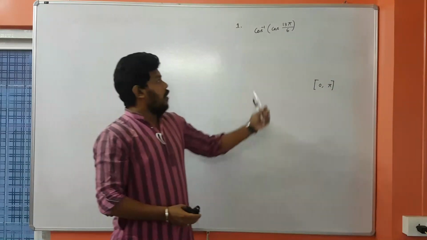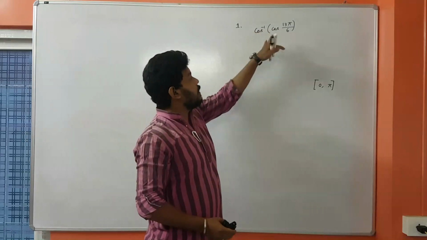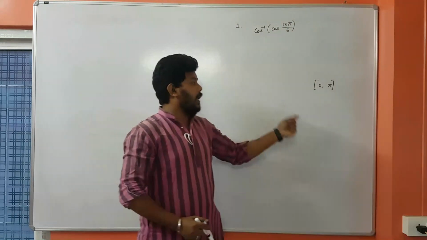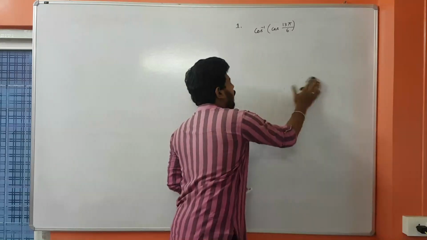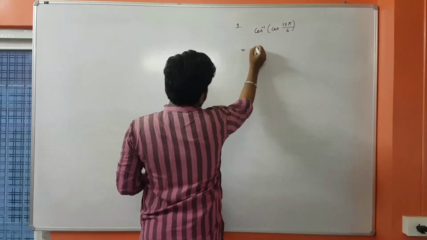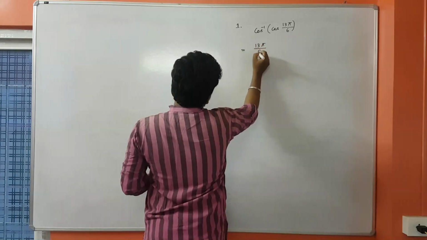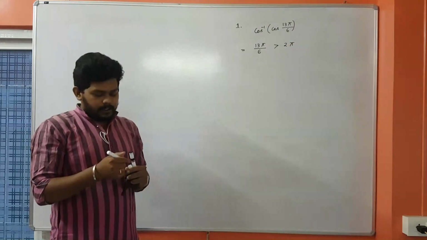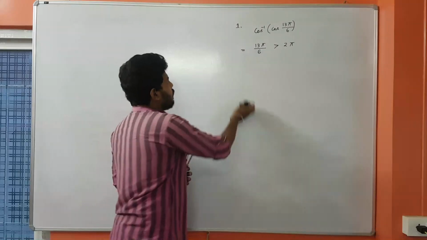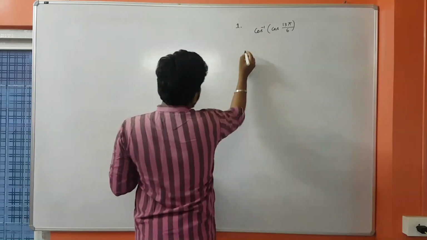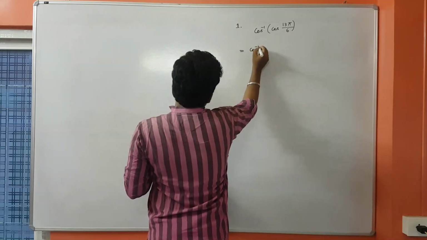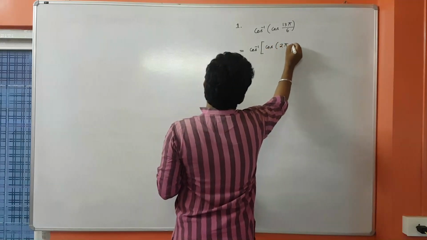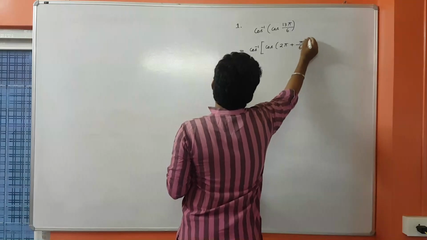Now after cos inverse and cos getting cancelled, the value of the angle, the radian value must lie in this interval. Now if I normally omit cos inverse and cos, I will get 13 pi by 6, which is more than twice pi, which is not correct. Now you see, we can write cos inverse of this as twice pi plus pi by 6.